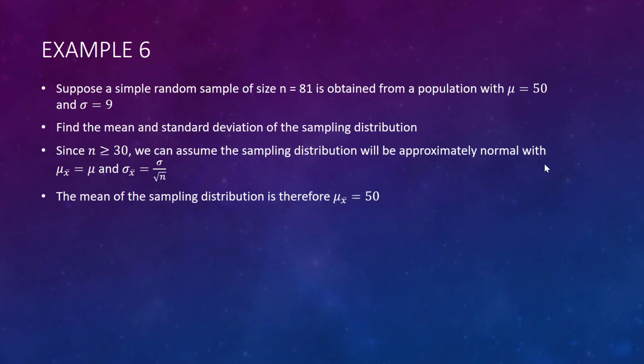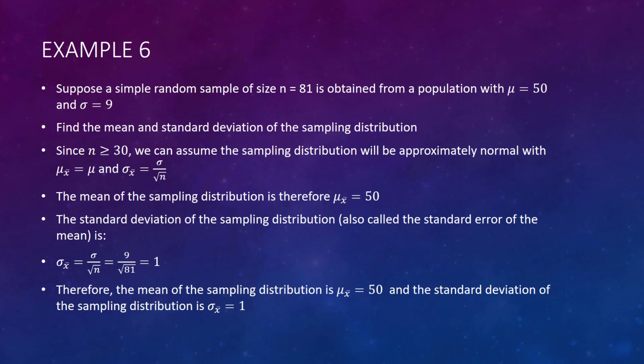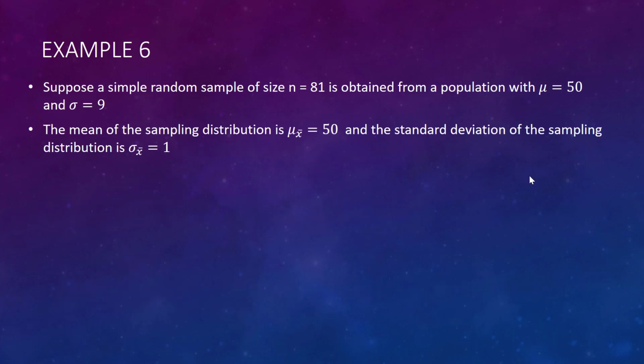So the mean of our sampling distribution is 50, and the standard deviation is 9, which is our population standard deviation, divided by the square root of n. So 9 divided by the square root of 81 gives us 1. Therefore, the mean of the sampling distribution is 50, and the standard deviation of the sampling distribution is 1.